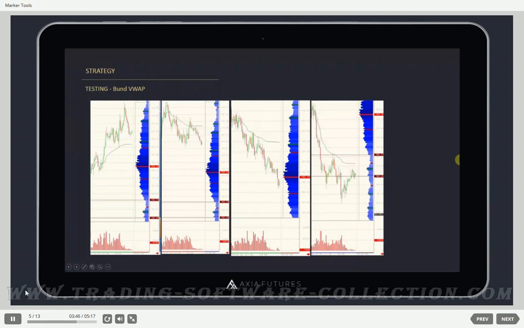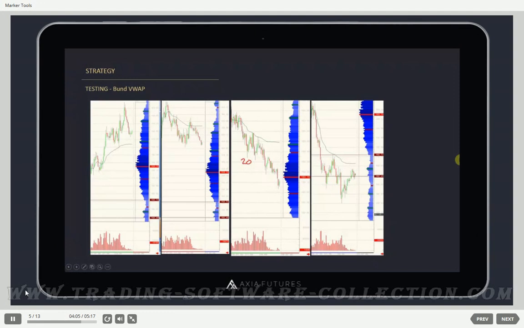So what we've got here essentially is you need a move away from the VWAP. Also, you're noticing that this move away needs to be at least 20 ticks. If it gets over 20 ticks, then it makes that move back to the VWAP that little bit larger, and therefore the market has got to move that bit further.